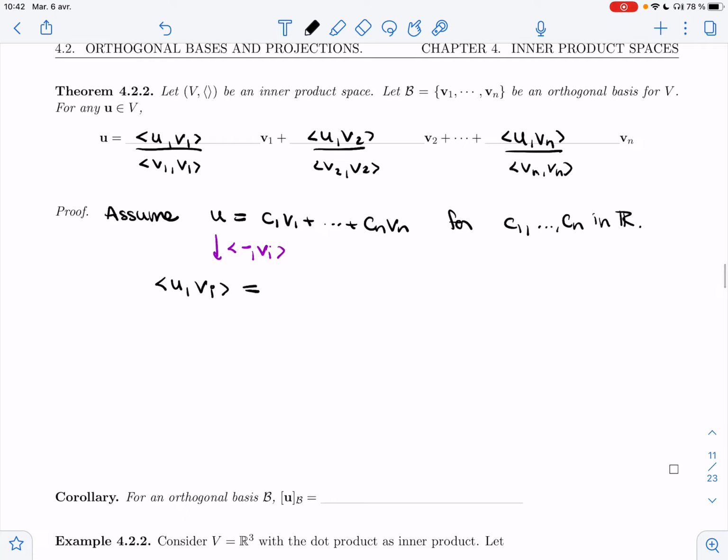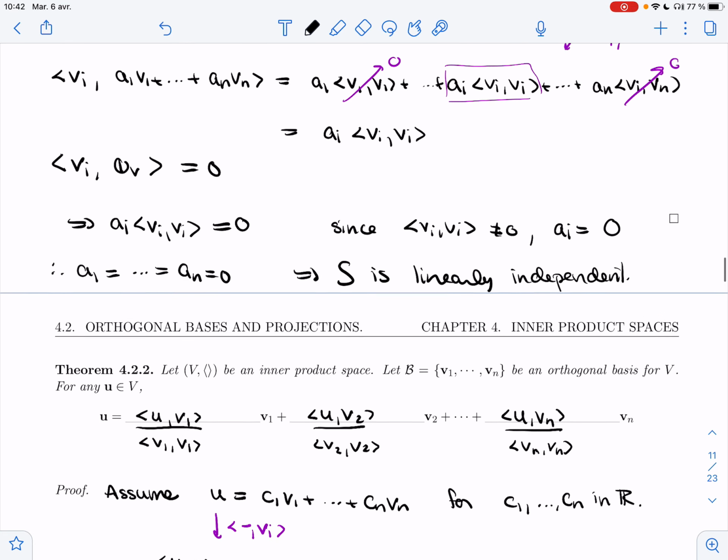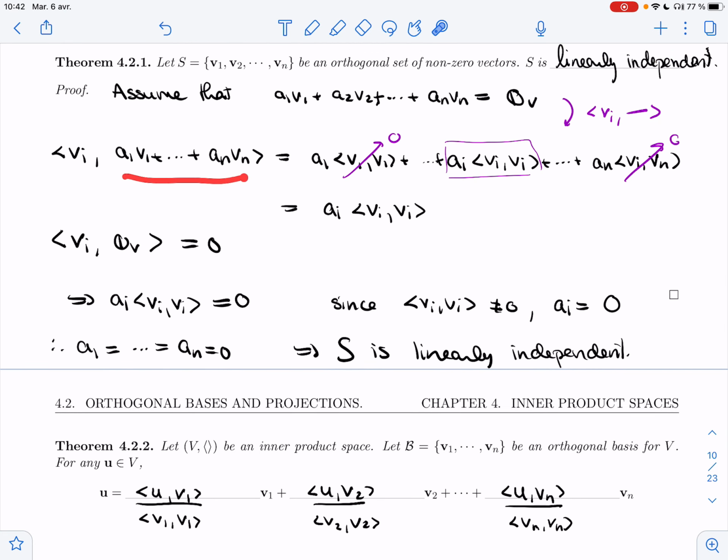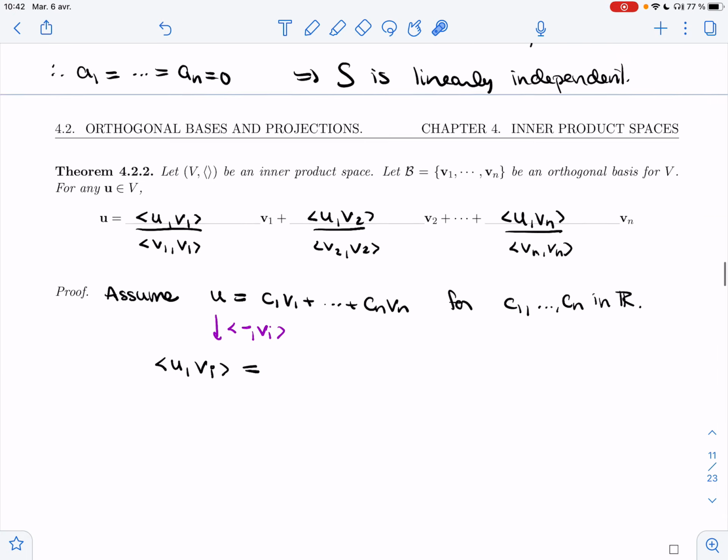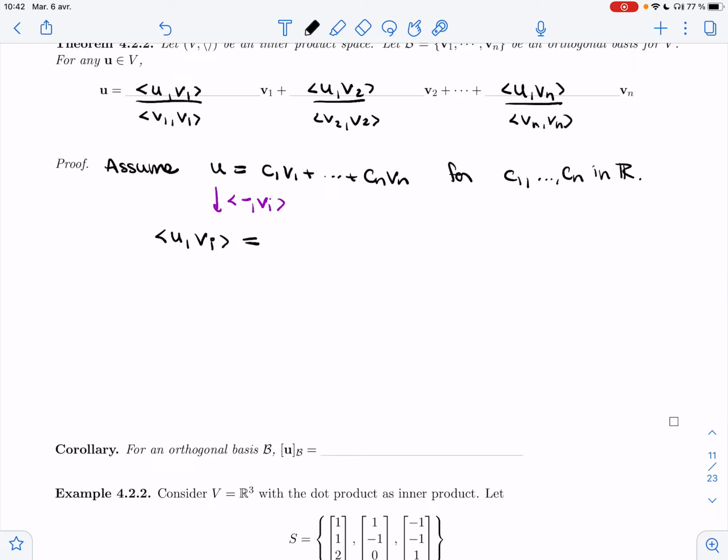And on the right, if you remember this argument, if I have a linear combination, most of the terms will go to 0 because they're orthogonal, and I'm just going to end up with the ith term. So this is going to give me ci times Vi dot Vi.